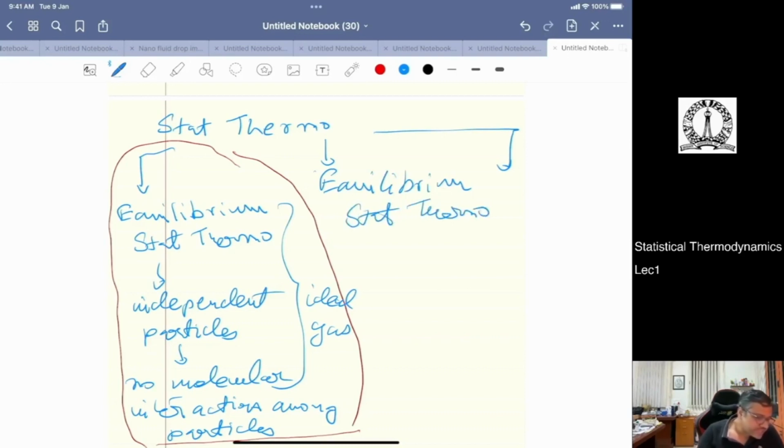The catch is that now the particles are dependent particles. Dependent particles would essentially mean that now there will be interactions among the particles, so there will be intermolecular interactions.